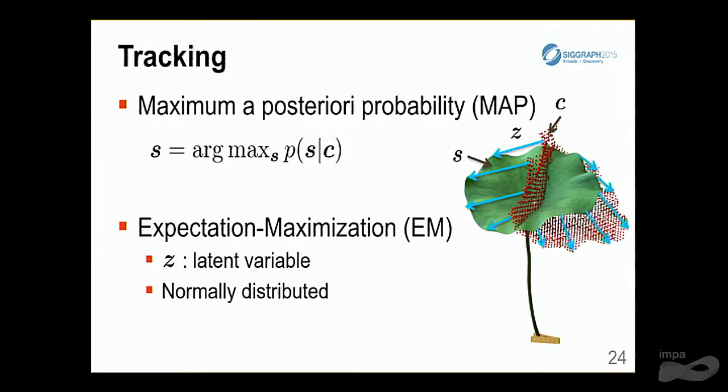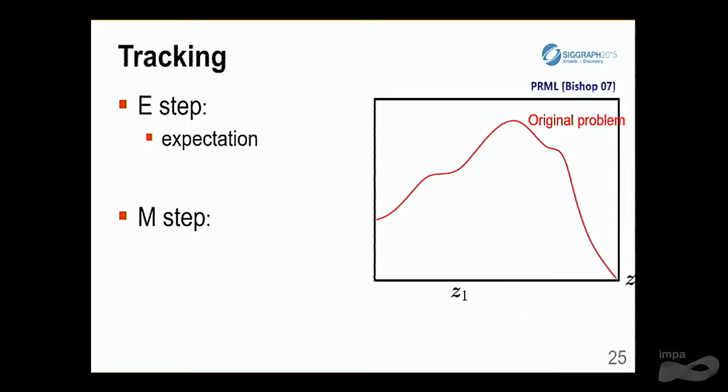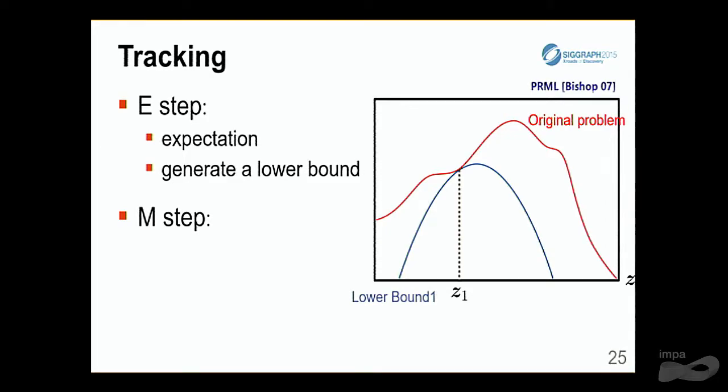We assume that the data C is normally distributed. In the E step, you calculate an expectation. That gives you the first iteration on the latent variable Z, and this gives you a lower bound, it turns out, on the actual probability distribution that you're trying to approximate. And then in the M step, you maximize the lower bound.